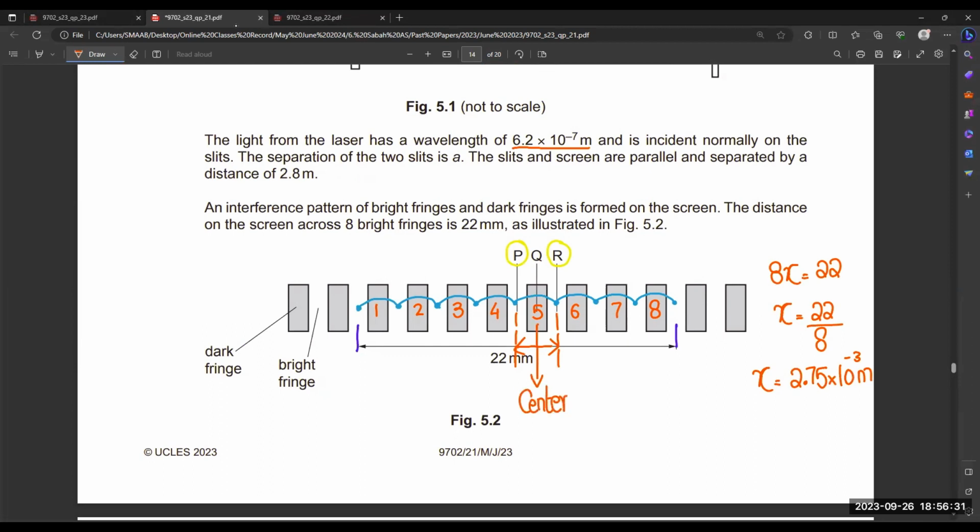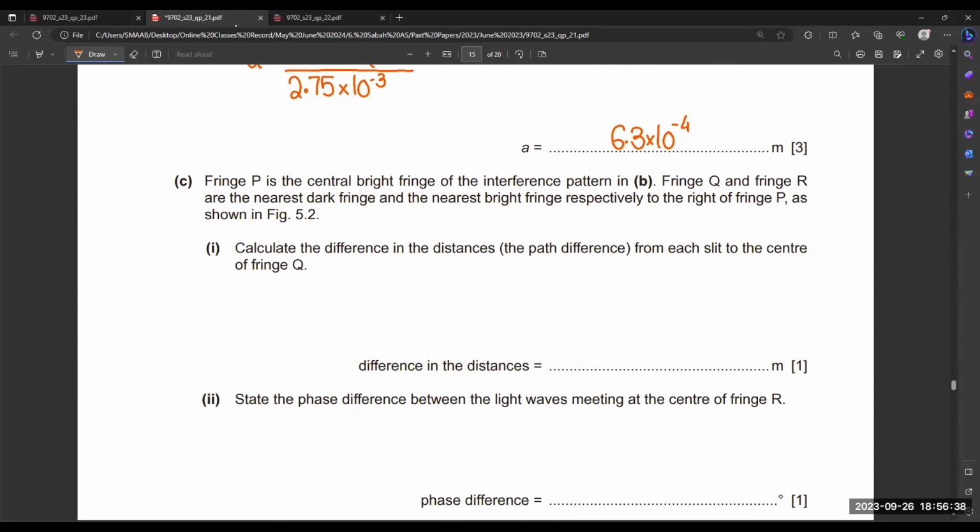This is the center part, right? And from the center part, you have to find out the path difference from each slit to the center of fringes Q, right? So what will be the distance from each slit to the center? That is the question you have to find out.